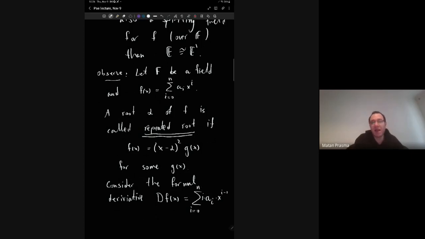It's like doing the derivative that you know from school to this formal expression. You know how to take the derivative of each of the monomials, and you sum it all up.